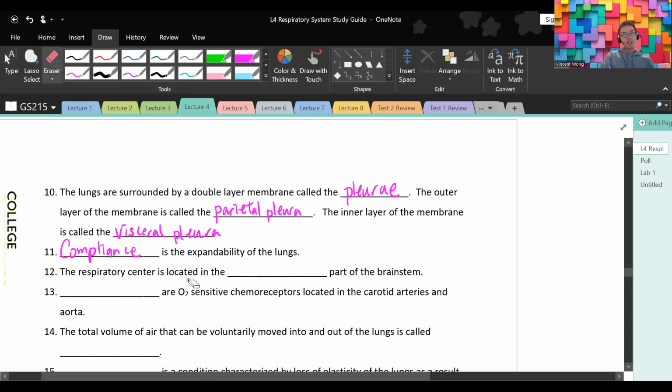The respiratory center is located in the medulla oblongata.